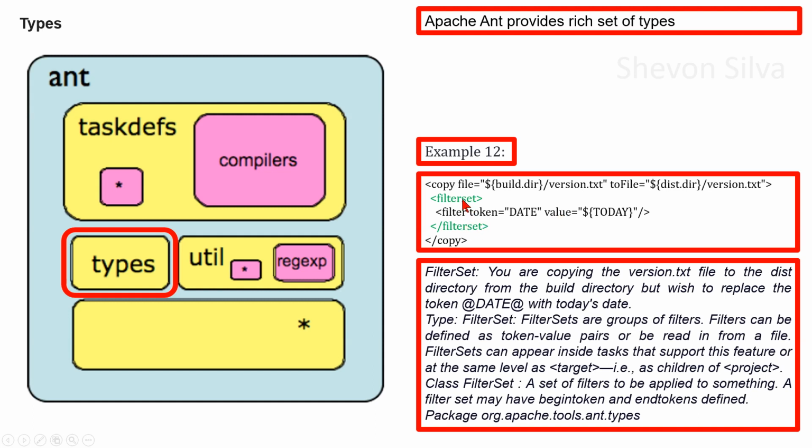Filter sets can appear inside tasks that support this feature, or at the same level as target, that is as children of project. With regarding API, we can consider class filter set, a set of filters to be applied to something. A filter set may have begin token and end tokens defined. This is in the package org.apache.tools.ant.types.